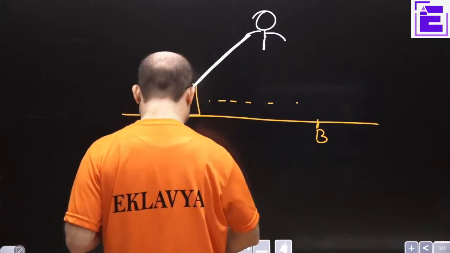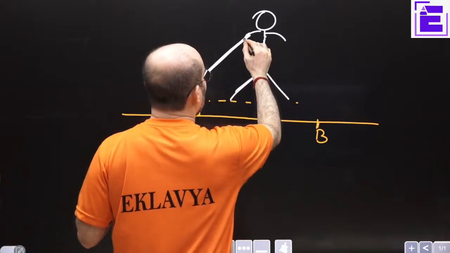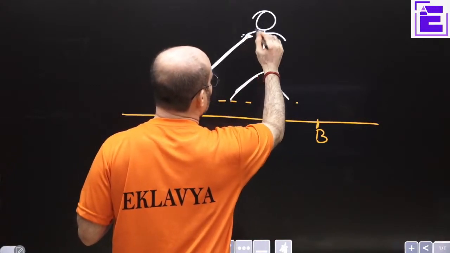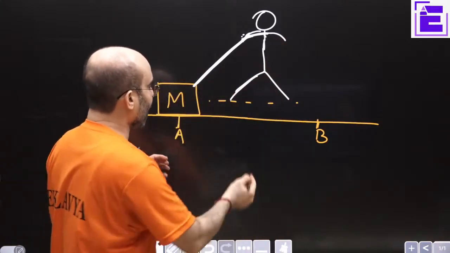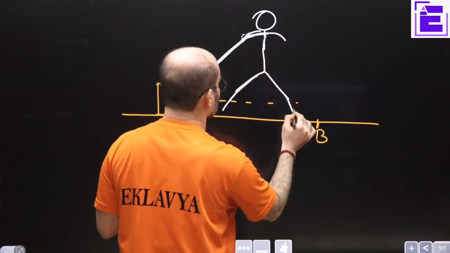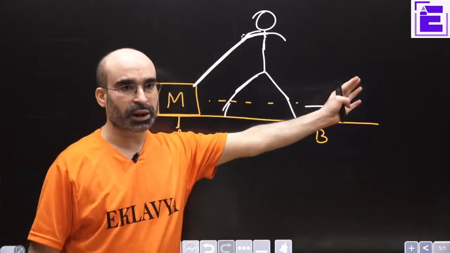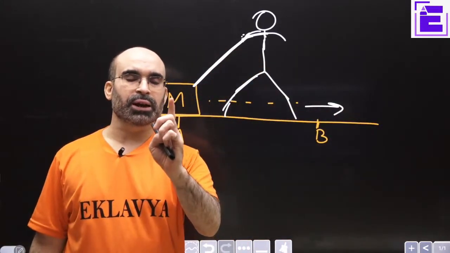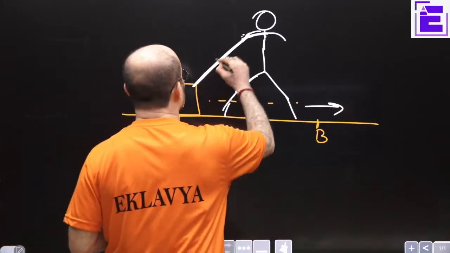He has taken himself in this manner, he is moving and pulling it, pulling it and then moving in this direction, right? So, do you think that he would be able to apply enough force?